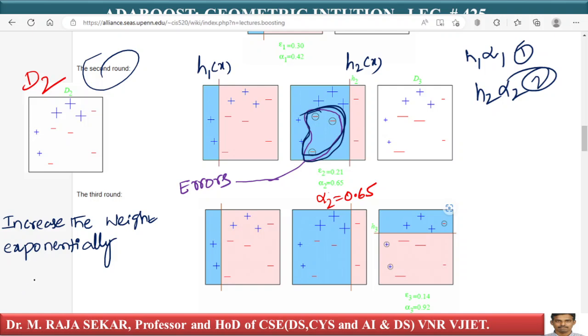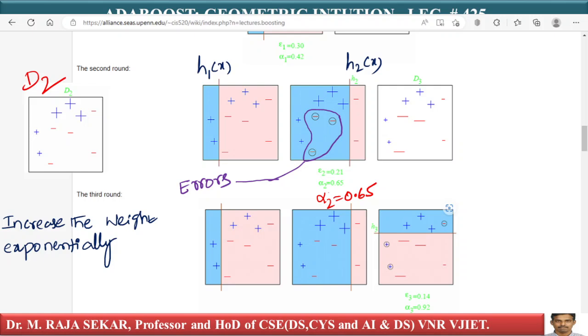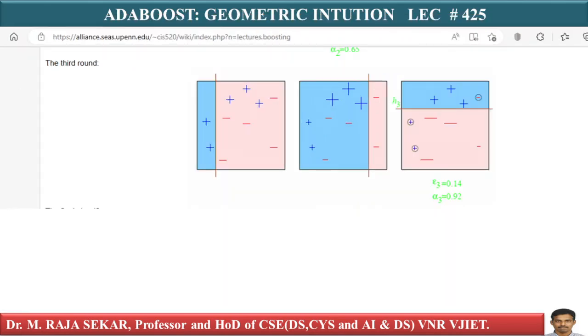Now I have to train my third model. This is H1, this is H2, and the third model looks like this. This is H3, isn't it?